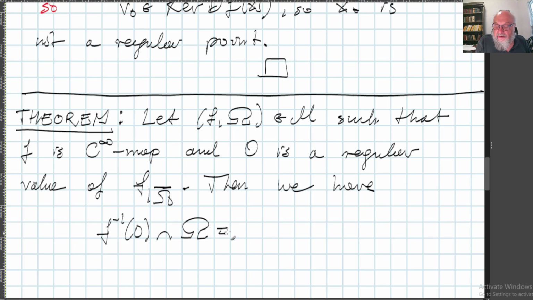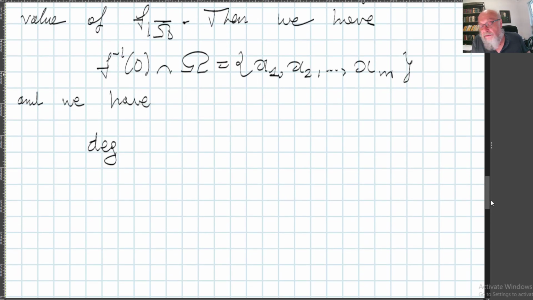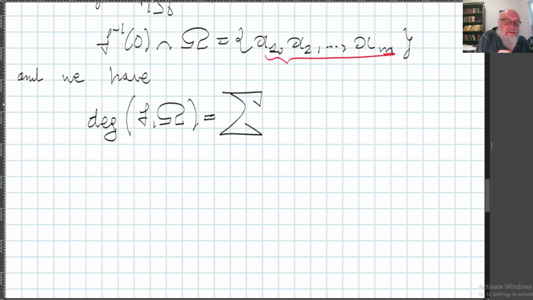We were discussing it earlier. So this is the set of all, put it like this, M, of all regular points in the preimage of 0, and we have that the degree of f in omega is equal to the sum, remember, I'm referring to this particular set, k equal 1 to n, of signum of the determinant of the derivative of f at the point xk.